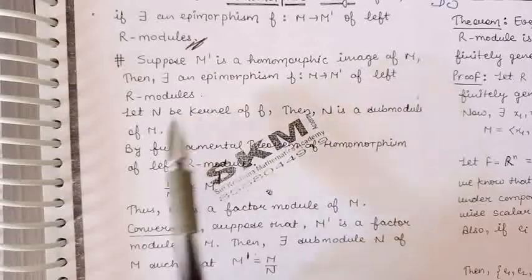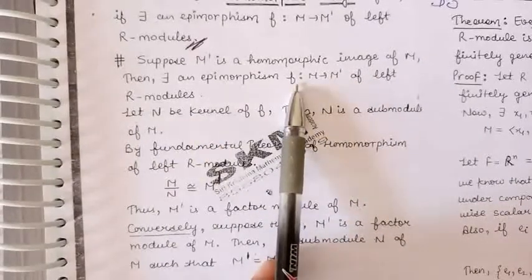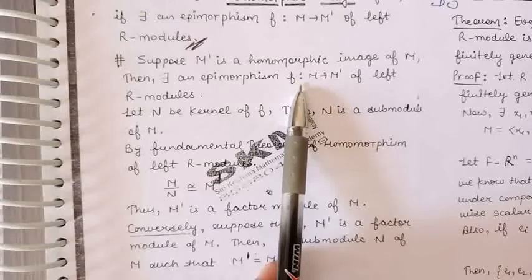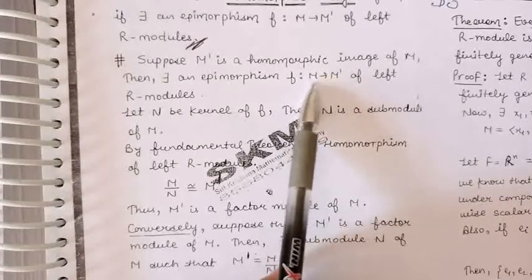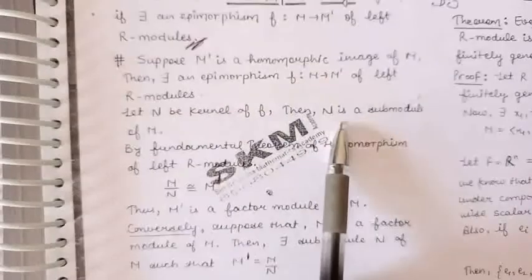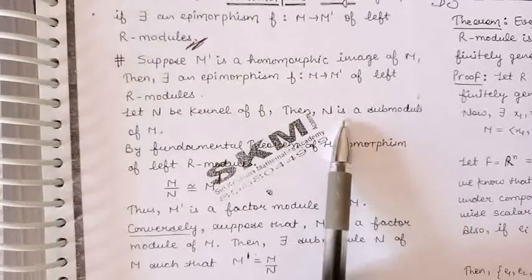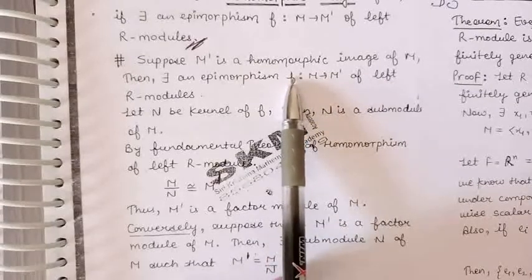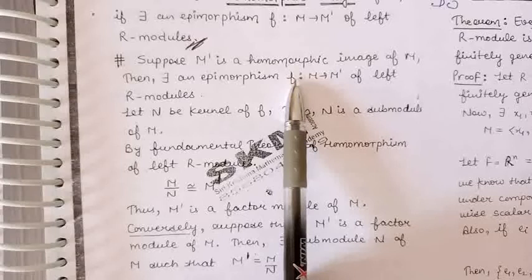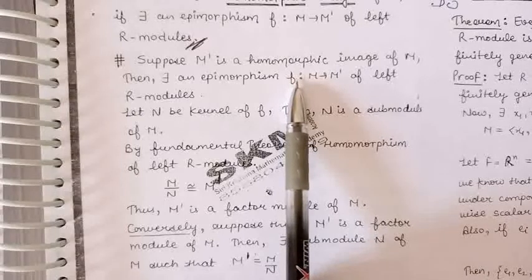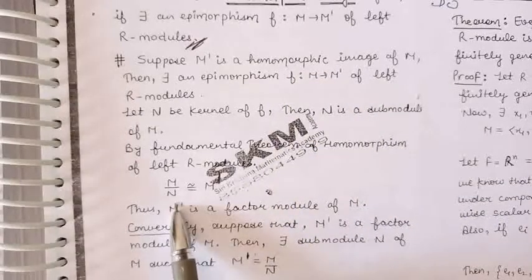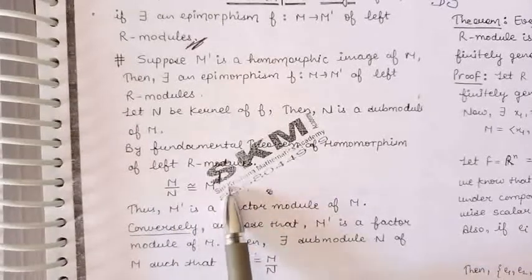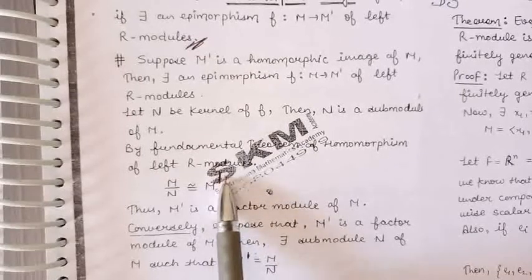Let us take N as the kernel of this homomorphism. So by definition, the kernel is a submodule of M. So N is a submodule of M. Now, because this mapping is an onto homomorphism, we can apply the fundamental theorem of homomorphism of modules. So the factor module M by N is isomorphic to M dash.